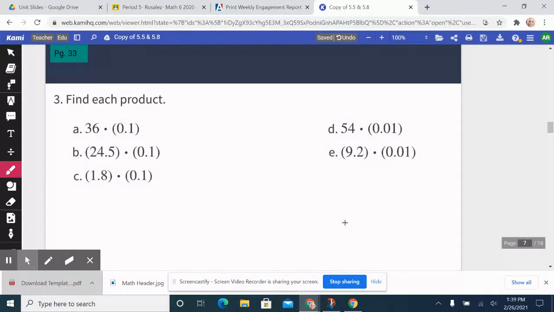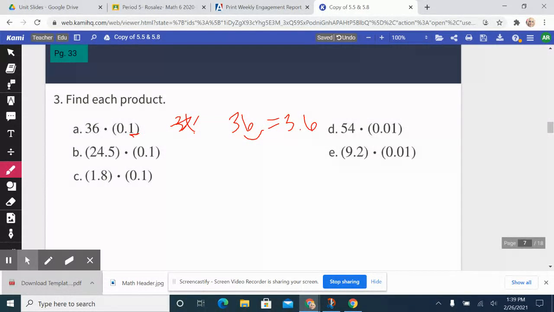Then it says find each product. So kind of the same thing that I was doing. 36 times 1, well, you know that's 36, right? I'm sorry, that should be a 36. Let me rewrite it right here. Okay, so you have 1 decimal place. Move it over 1 decimal place. So your answer is 3.6.